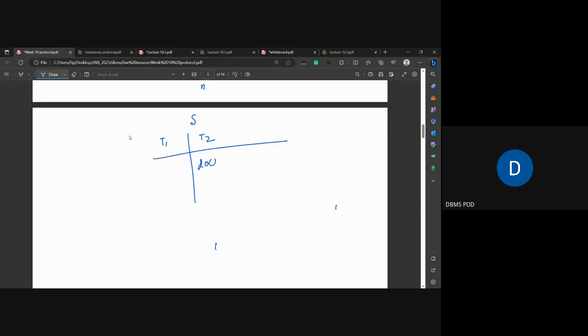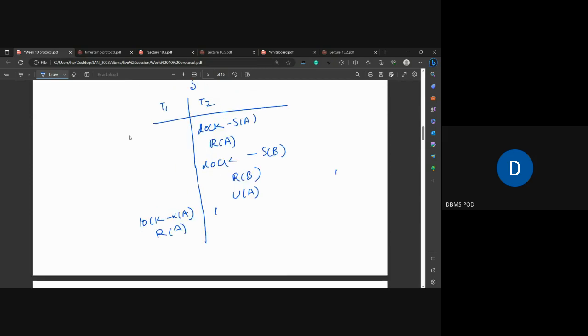We apply shared lock on a data item A, then read A. Then we apply shared lock on B, then read B. Then unlock A. Then exclusive lock on A, then read A. Again we apply shared lock on B, then read B. Unlock A, unlock B, and then unlock B. So does that follow the locking protocol?